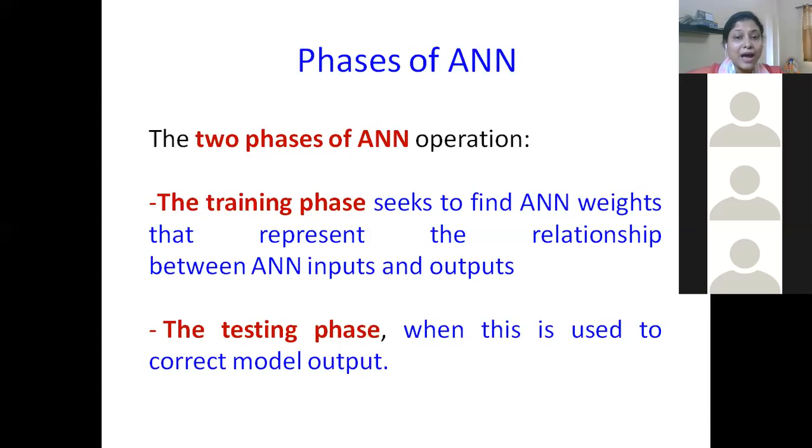Usually in the training phase, the artificial neural network finds all the weights associated with the inputs, so that it can represent the relationship between the inputs and the outputs.